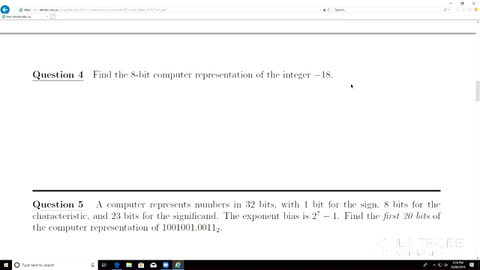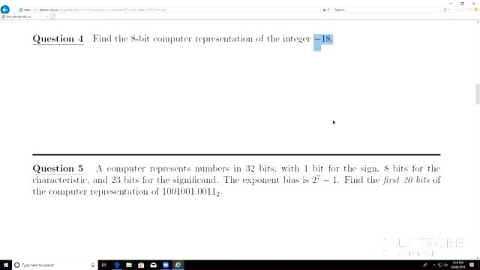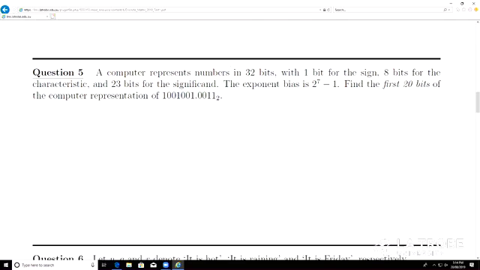Find the 8-bit computer representation of this number. So first you want to convert that into binary and then see how you would write that in 8 bits. A computer representation represents a number in 32 bits as 1 bit for sign, 8 bits for characteristic, and 23 bits for the significant. So you have the exponent bias.